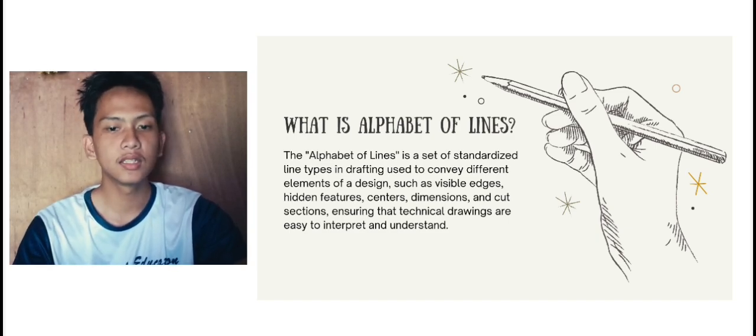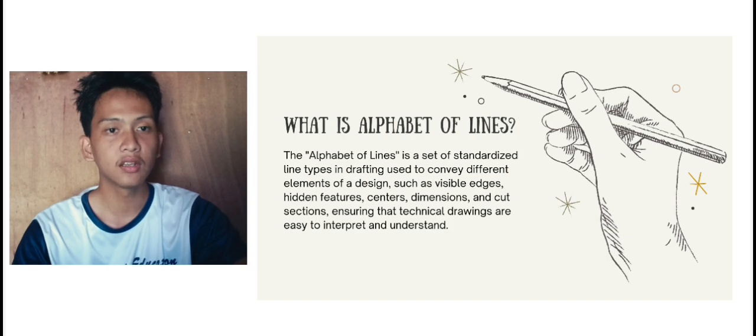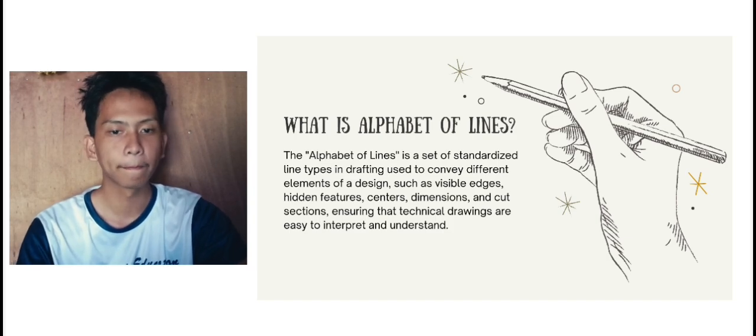Since we are talking about lines, this is very important for technical drafting, because each type has a specific meaning and purpose to clearly represent the details of an object that we are designing, especially in designing a floor plan.